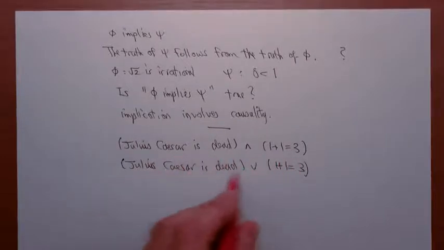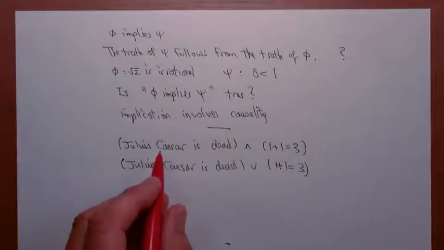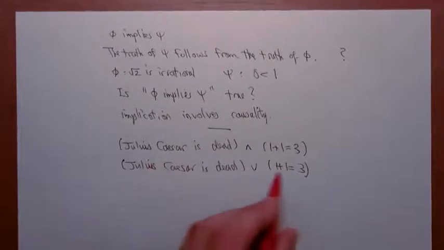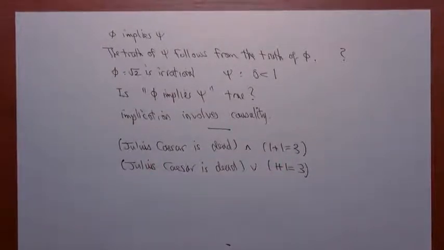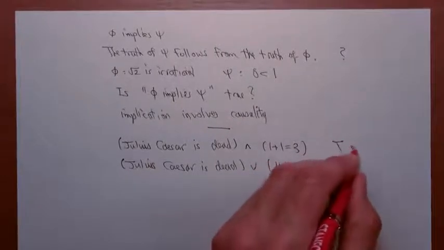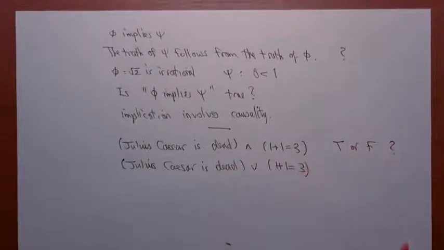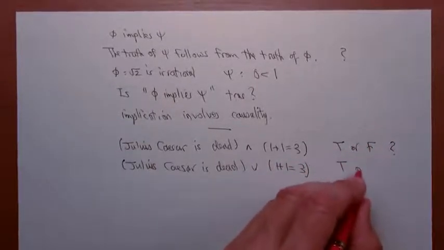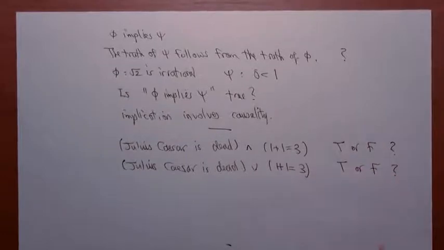These were actually clearly independent. One's a statement about a long dead individual, and the other one is a mathematical statement. Incidentally, while we've got these in front of us, let me just give you a quick quiz. Is the first one true or is it false? Is the second one true or is it false? What do you think?